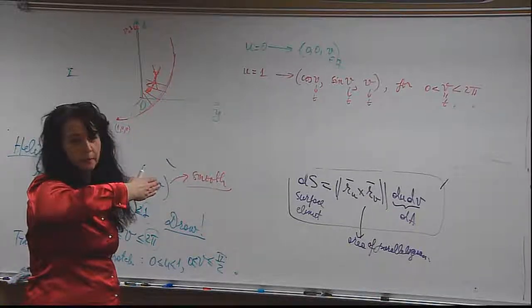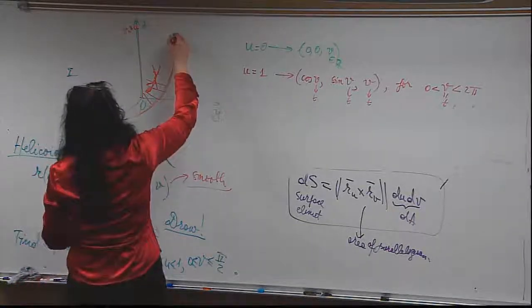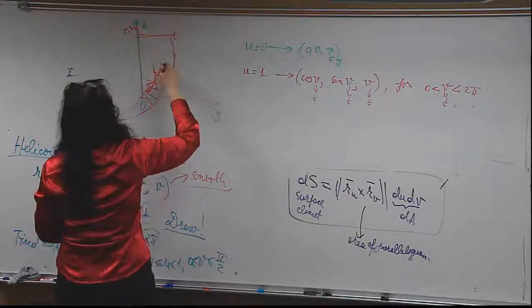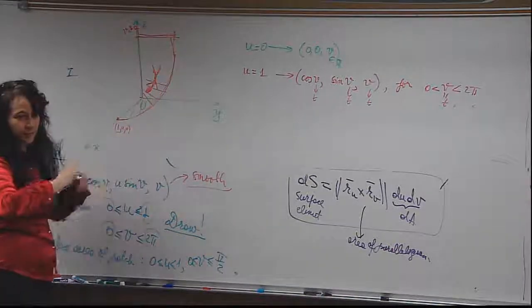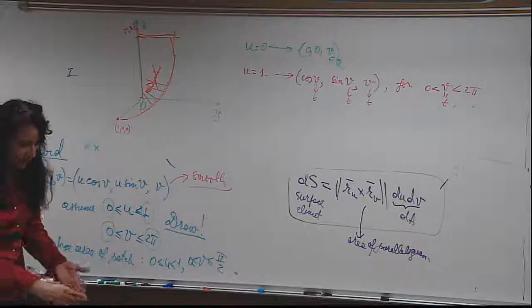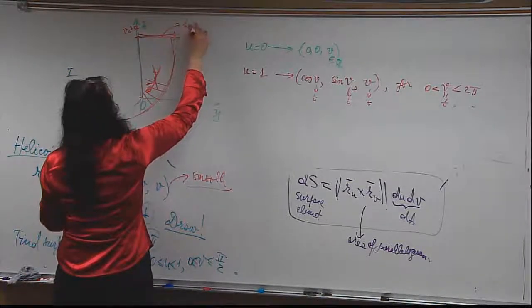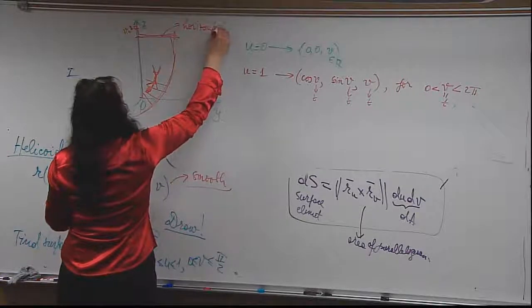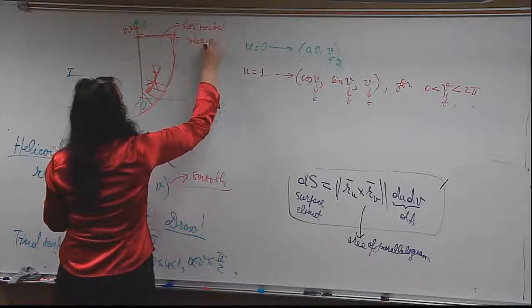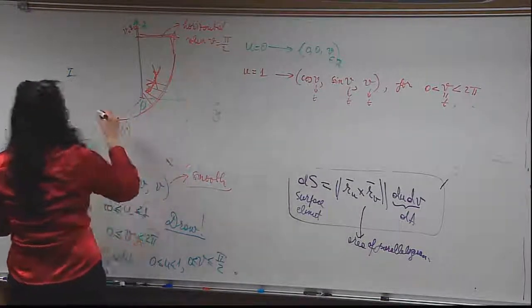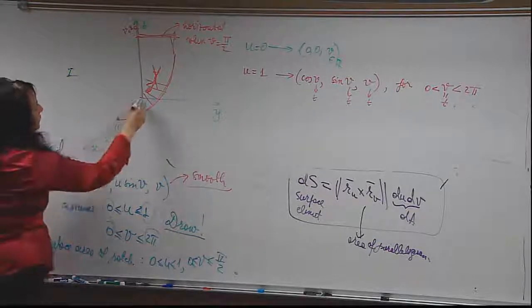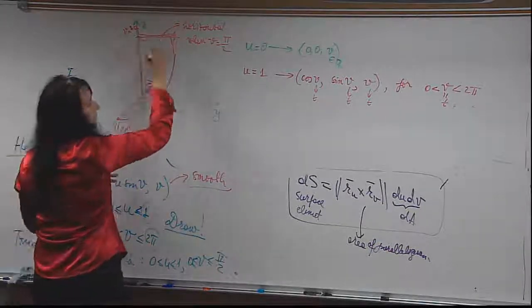And I perform the pi over 2 motion when this line becomes horizontal, when v equals pi over 2. So for v equals pi over 2, I move from here straight to here.